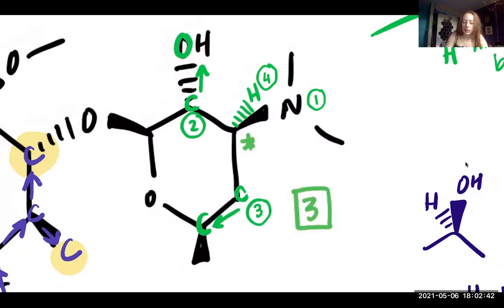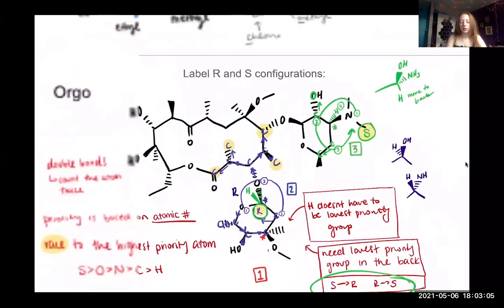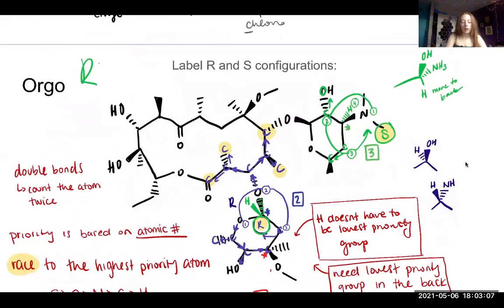Okay, and we just need to connect our numbers 1, 2, 3 to get, sorry, I'm really slow right now, to get S, okay? And we don't need to flip it to R because our hydrogen here is in the back, all right? So this is our final answer. You should get RRS, okay?